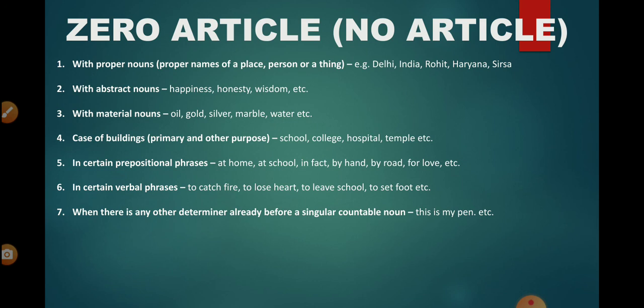Let me start with an example, like: students are going to school. School has zero article here, meaning no article. But if we say the electrician is going to the school, school is not meant for electricians. The electrician is going for some other purpose than learning or teaching.